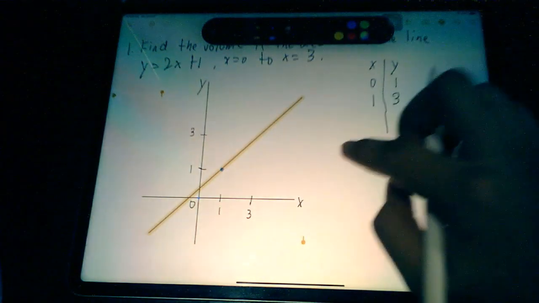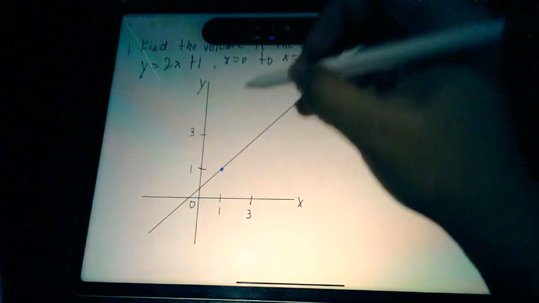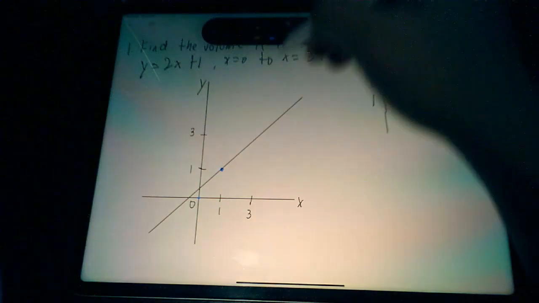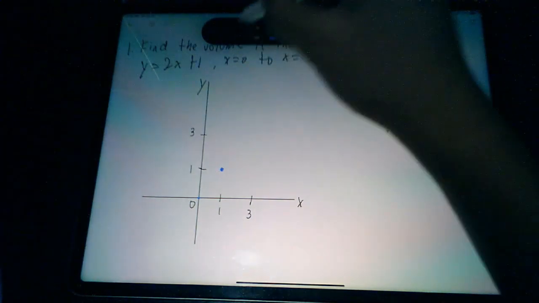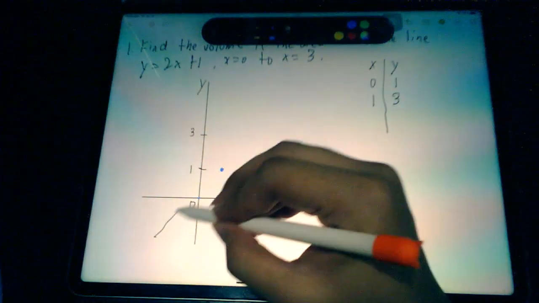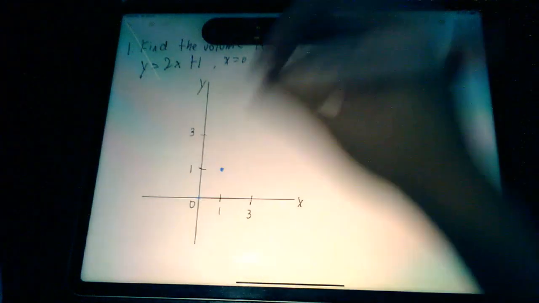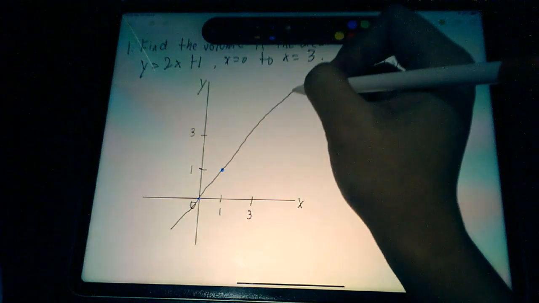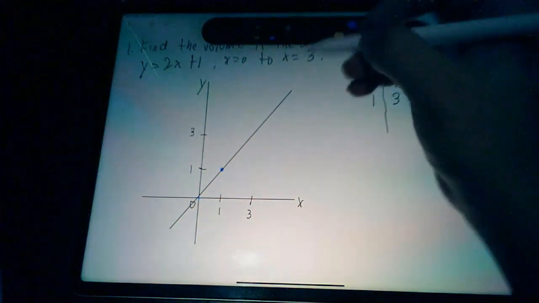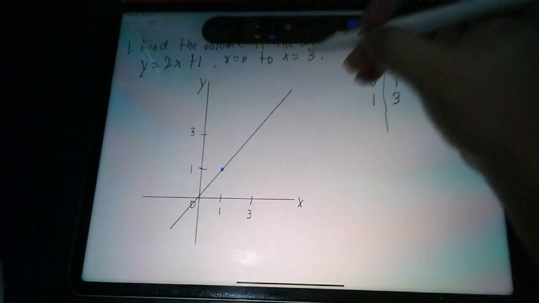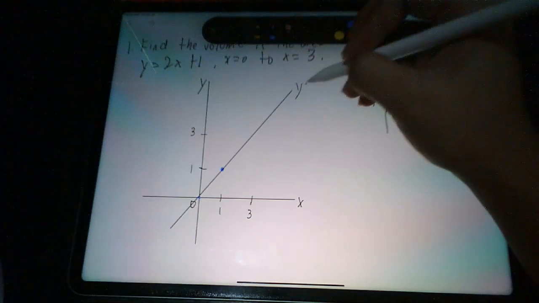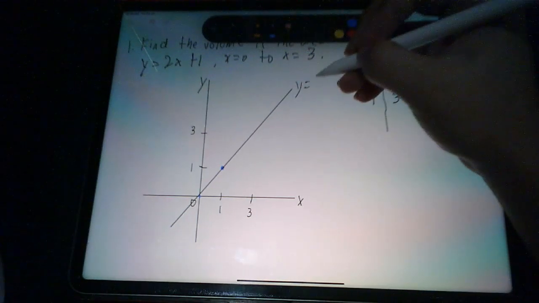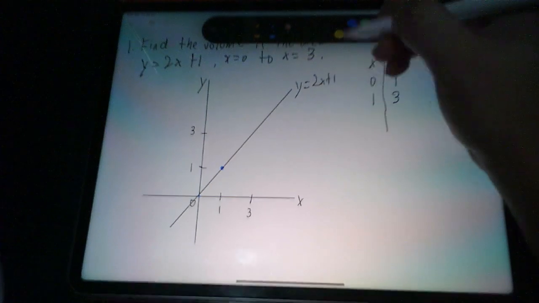Wait, it is not straight. Let's say that is our line, and our line here is just y equals 2x plus 1, and this is the limit.